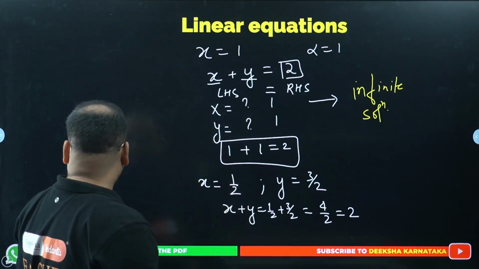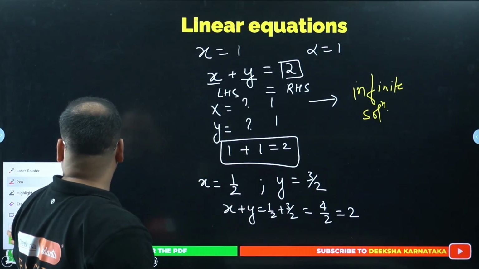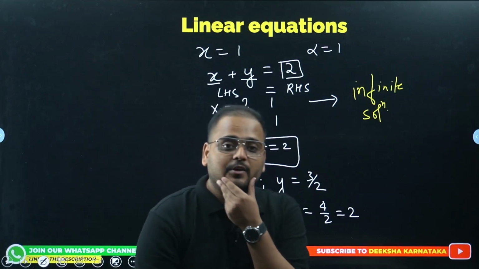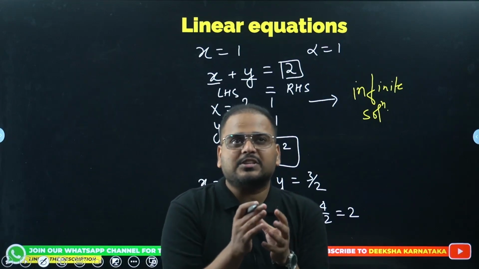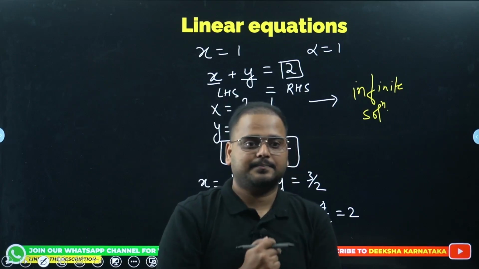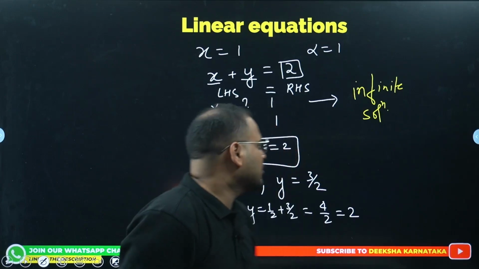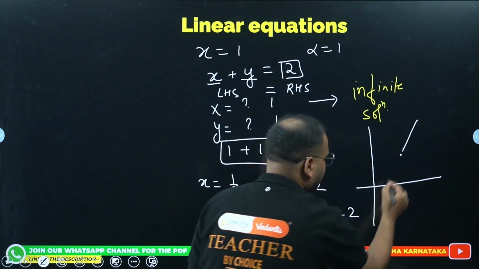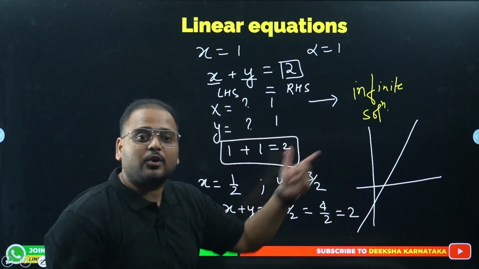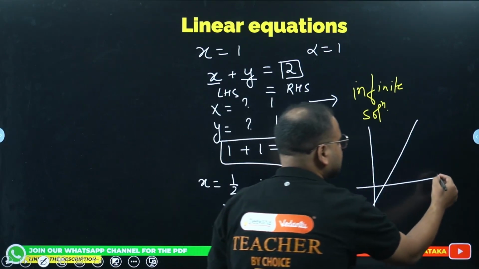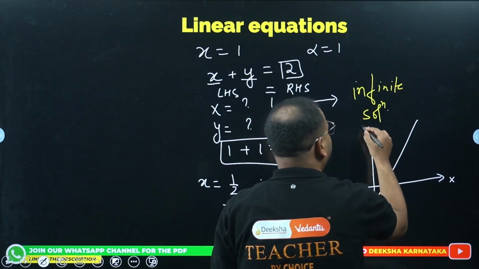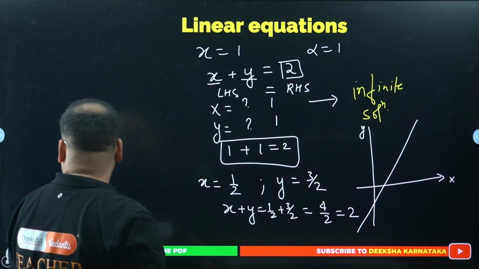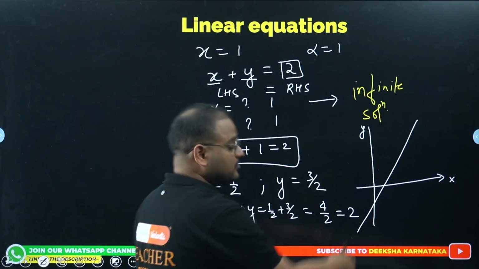If you try to recall the learnings of your linear equations from previous grades, you will remember that a linear equation means the equation of a straight line. So when you draw a straight line, how many points are there on a straight line? If this is my x-axis and this is my y-axis, how many points are there on the line?